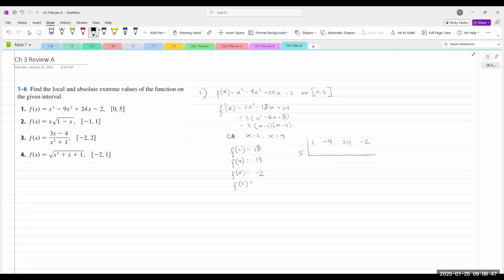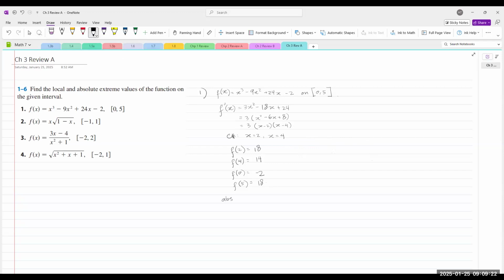Okay. Again. Okay. So from there we can already find where the local max and local minimum are. Actually, we can only say something about absolute max and absolute minimum.